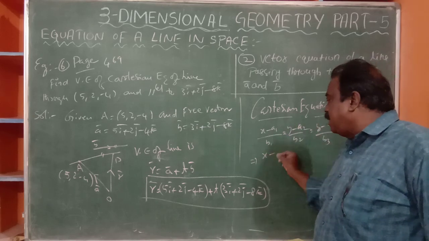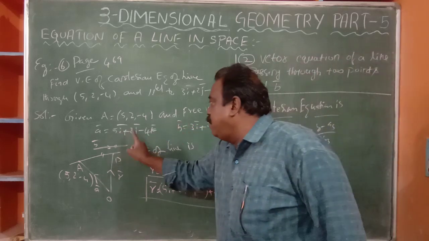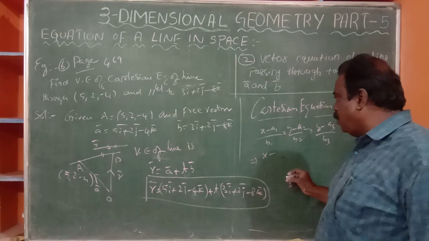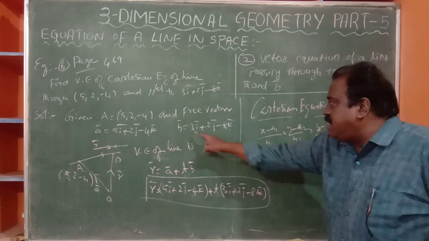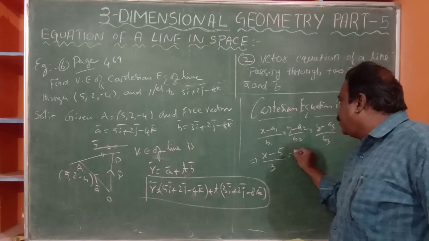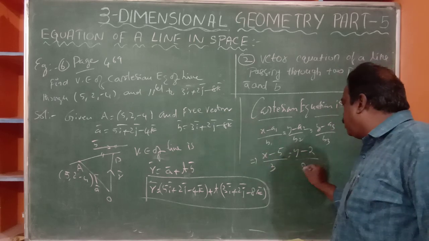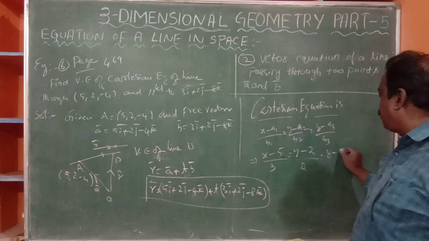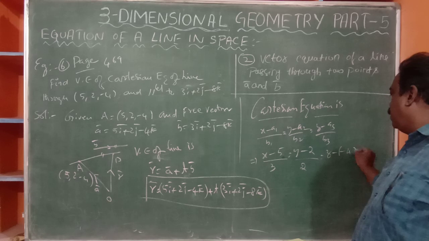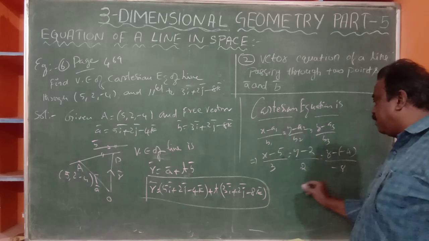Now, what is a1? This is a1, a2, a3, and b1, b2, b3. x minus 5 by b1, which is 3. y minus a2, which is 2, by b2, which is 2. z minus of minus 4 by, here it is minus 8.